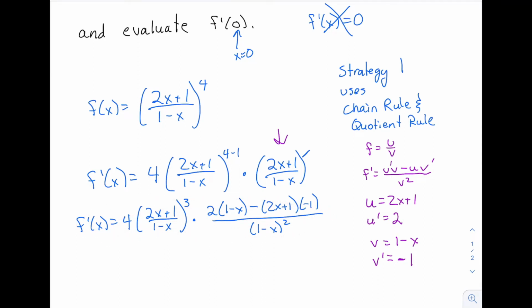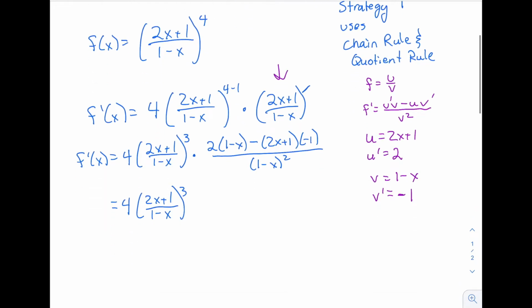This doesn't look so bad to simplify in the numerator, so let's go ahead and do that. Here I'll have 2 minus 2x. I'll have the negative here and here. That's going to become a positive. So plus 2x plus 1 over 1 minus x quantity squared. My 2x's go to 0, and I'm left with a 3 here.